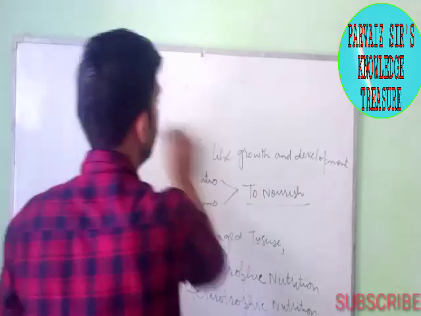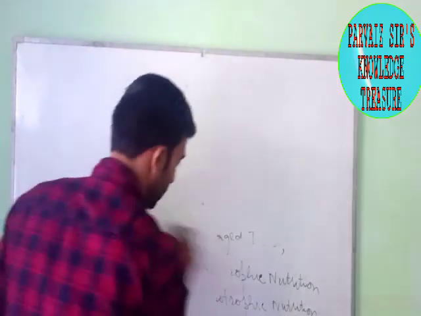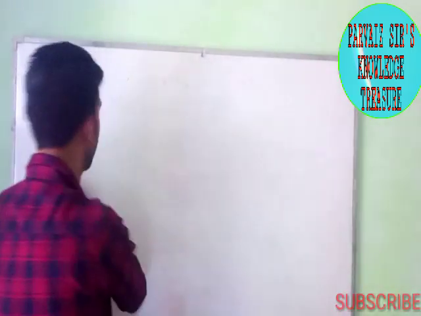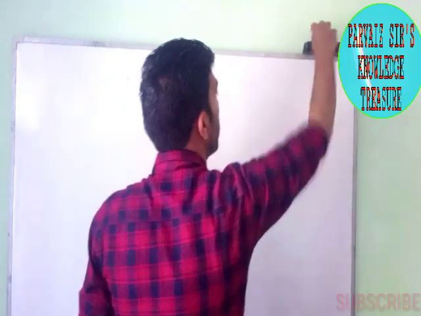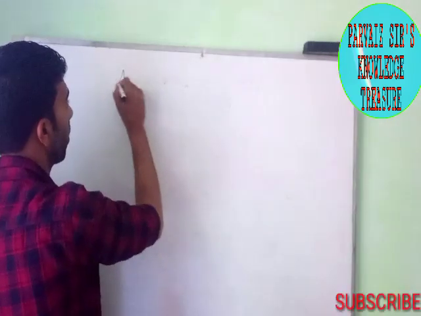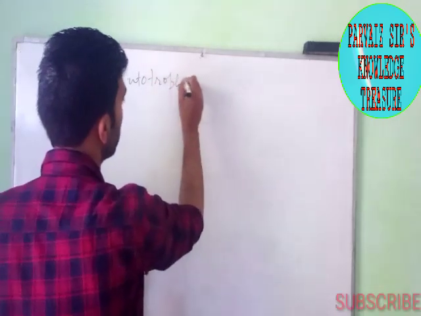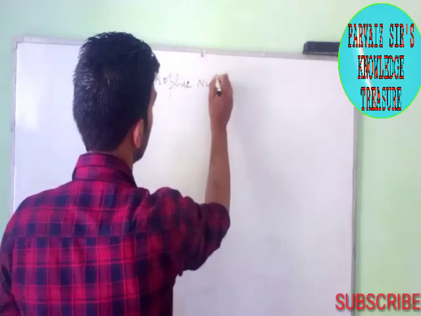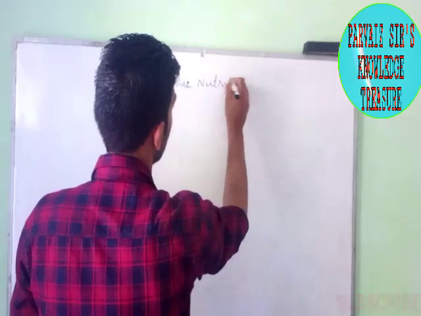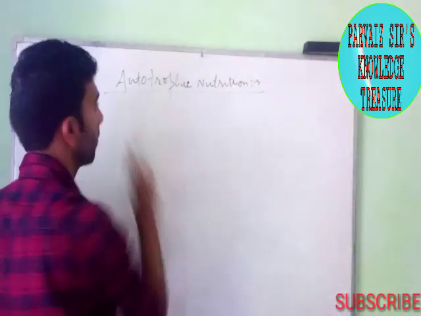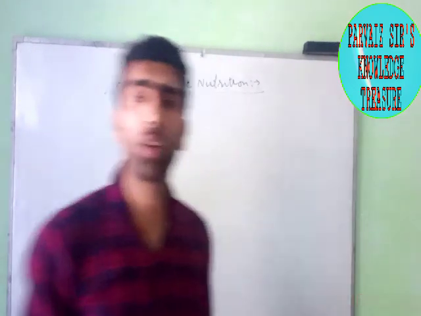Autotrophic nutrition is derived from two Greek words. Auto means self and trophos means nutrition.